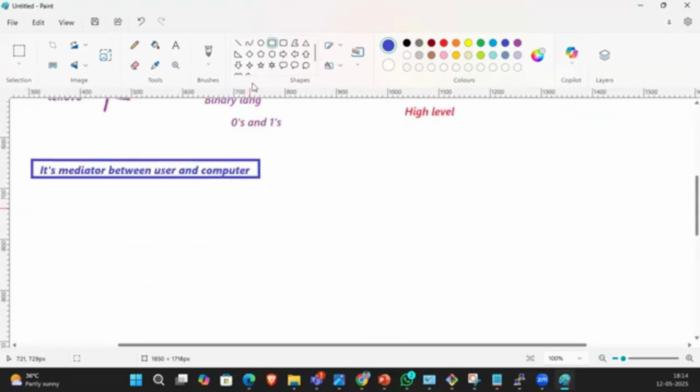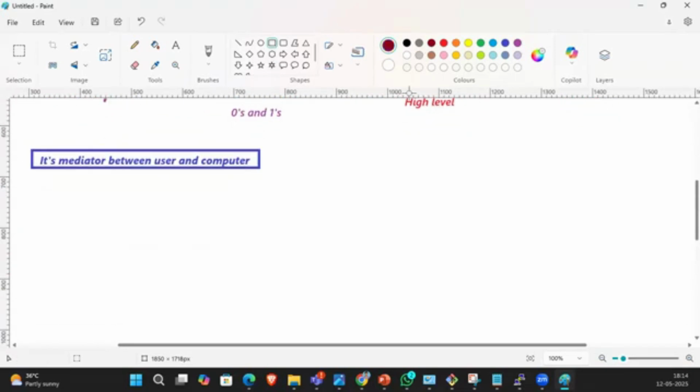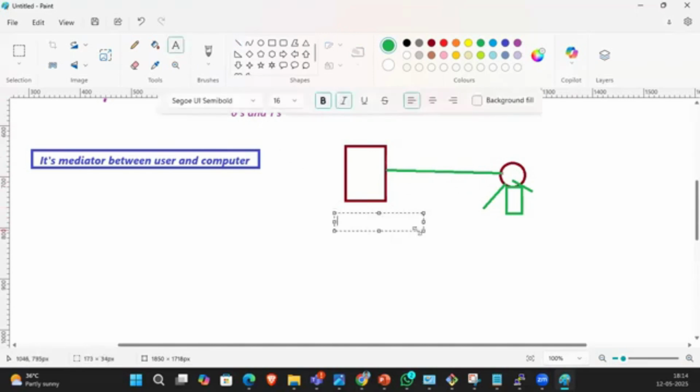Which mobiles are you using, guys? Oppo, OnePlus, Samsung, iPhone. For example, this is a OnePlus hardware.